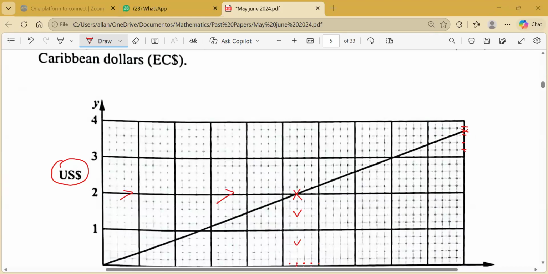If it's between, it will correspond to here, which is 3 point something. Let's see how much that is.